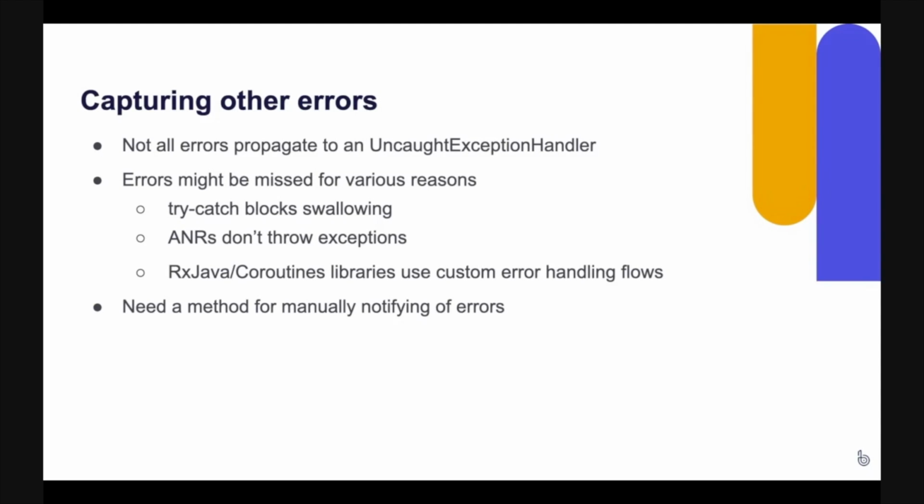So it can be useful to hook into those and get some more information. It comes down to this: we want another method on our crash reporting SDK surface, which allows users to manually notify if an error has occurred. So let's just do that. We'll call our method notify.